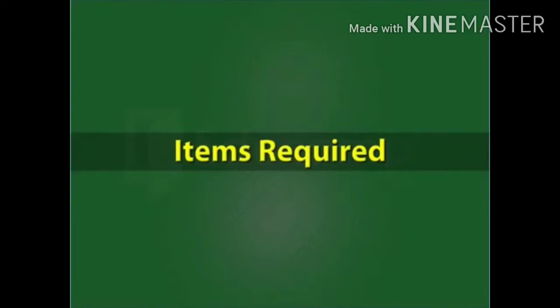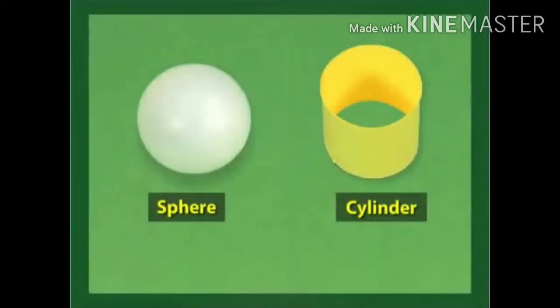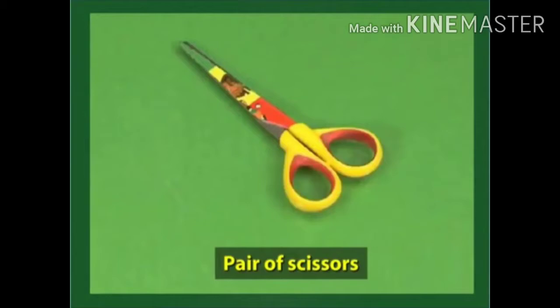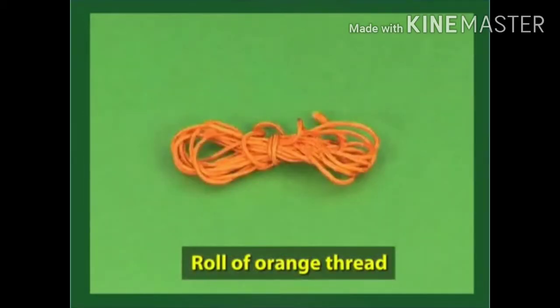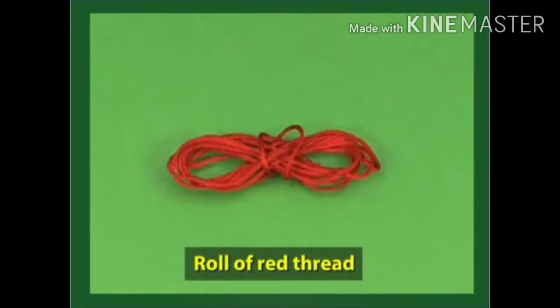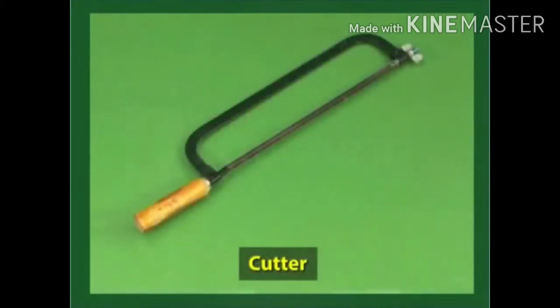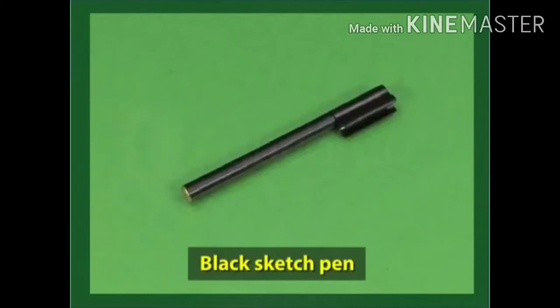For the activity, we need a sphere and a cylinder of equal radius. The height of the cylinder should equal the diameter of the sphere. We also need a pair of scissors, a roll of orange and red thread, a pin, a cutter and a black sketch pen.